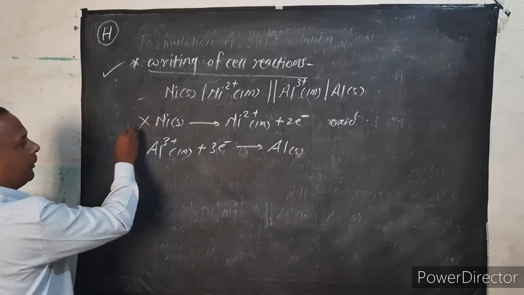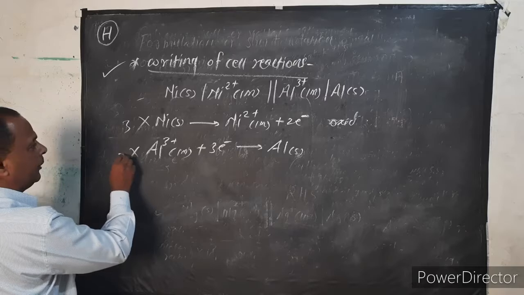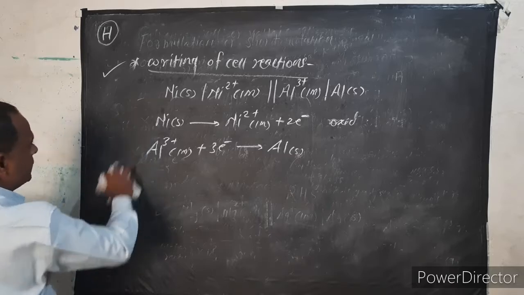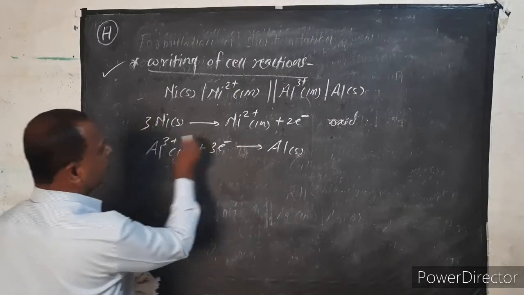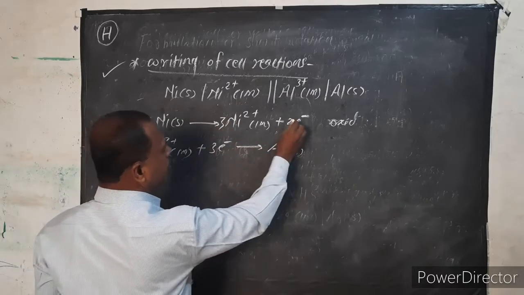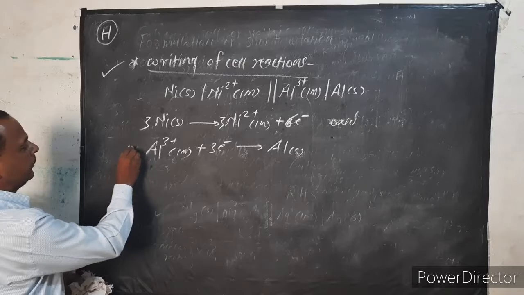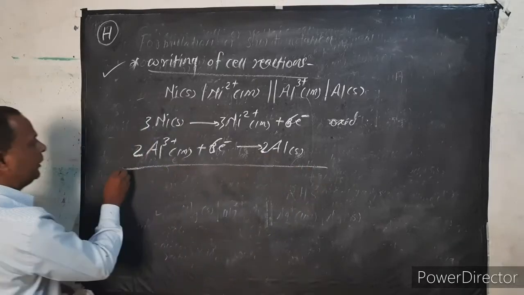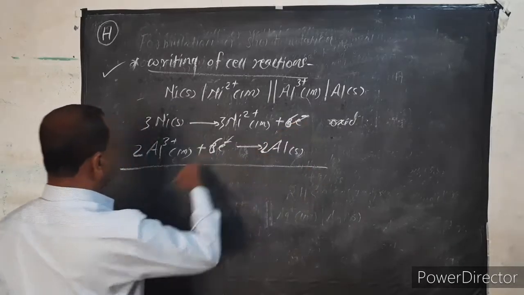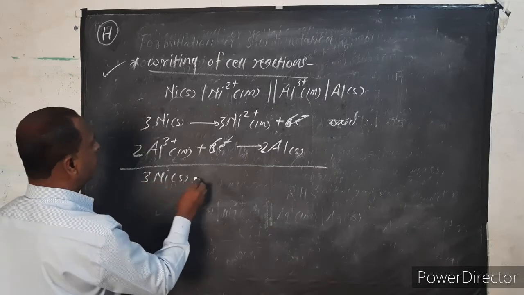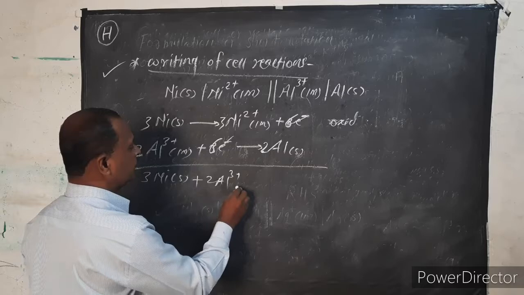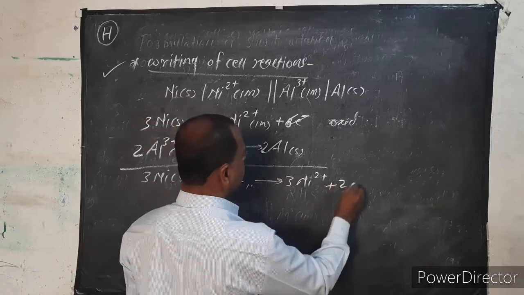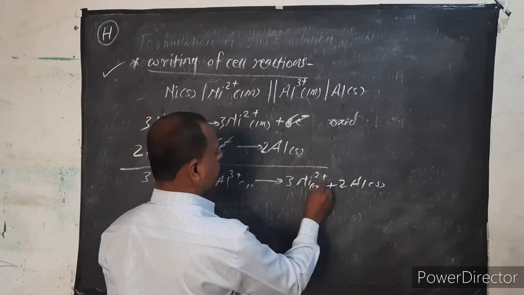If you multiply, there will be changes: 3 nickel, and 3 into 2 is 6 electrons; and 2 Al3+, 2 into 3 is 6 electrons. So the 6 electrons get cancelled. 3 nickel solid plus 2 Al3+ 1 molar gives 3 Ni2+ and 2 aluminum solid, 1 molar.